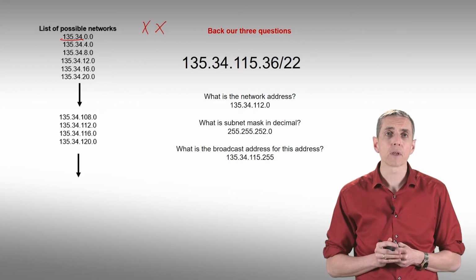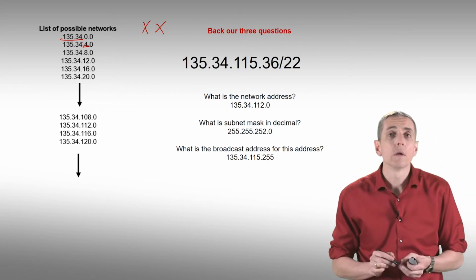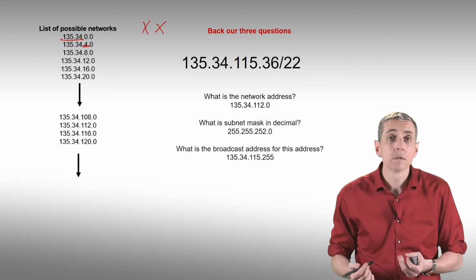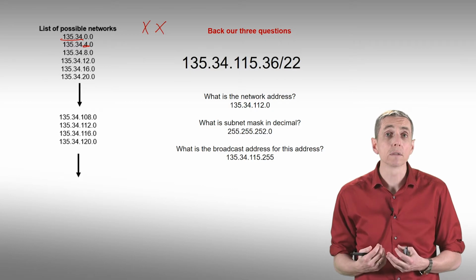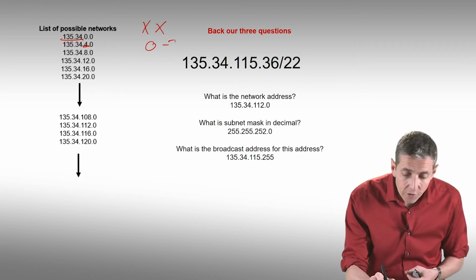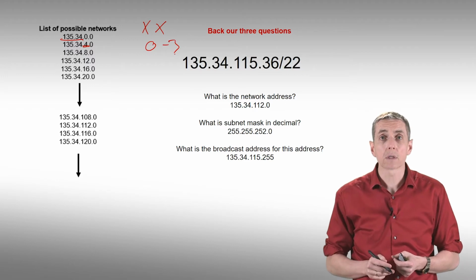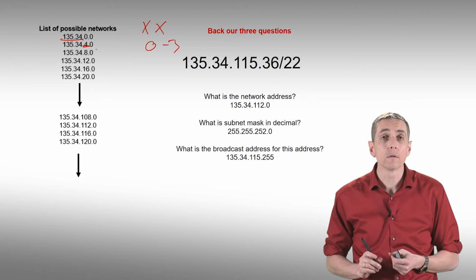That's a given. My next one, how do I know it's a .4? Well, I've got 2 bits. So how many possible hosts can I have with those 2 bits? 4. I can have 0 to 3. So that's why this has gone up to the .4 network up here.